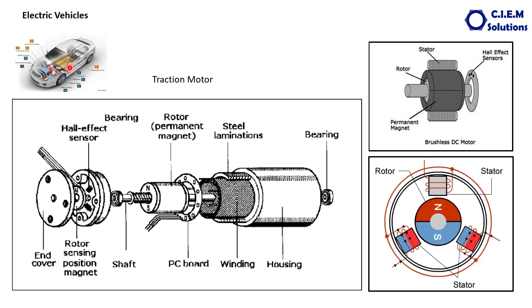What is meant by kilowatt hour? If we glow a 100-watt bulb in our house for about 10 hours, the power consumption is 1 kilowatt hour. 100 watts into 10 hours, that is 1 kilowatt hour. In the same way, the capacity of the battery pack in passenger cars will be from 40 kilowatt hour to 100 kilowatt hour.